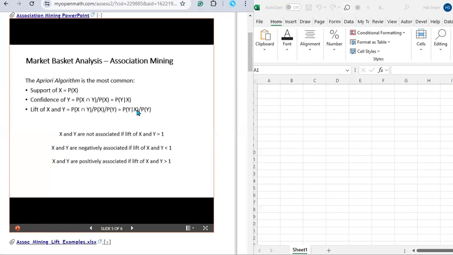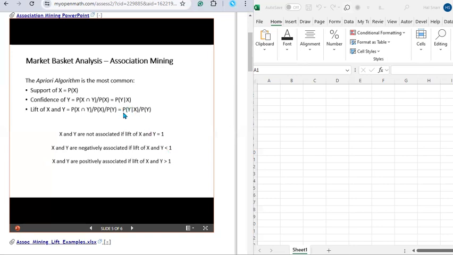So when this thing here equals this thing here, their ratio is 1. And that's why we say x and y are not associated with each other if the lift of x and y equals 1. Now, if this is smaller than that, then their ratio would be smaller than 1, and we would say that x and y are negatively associated.